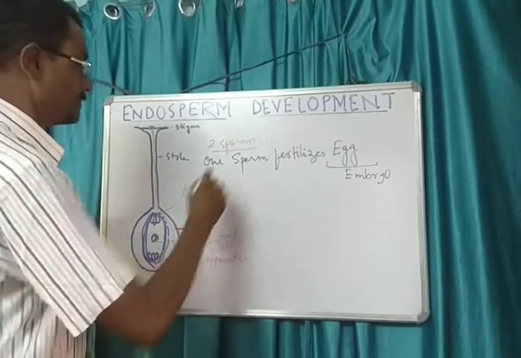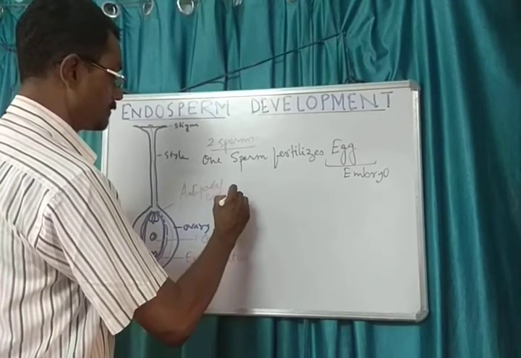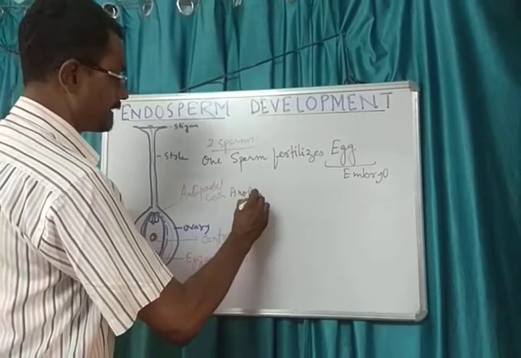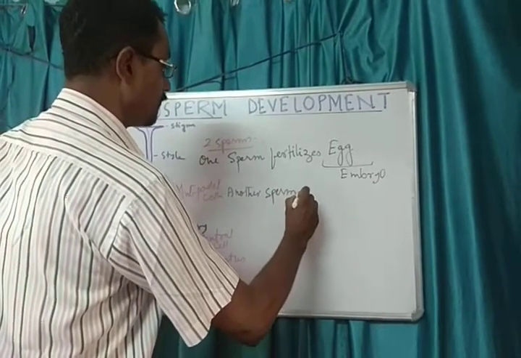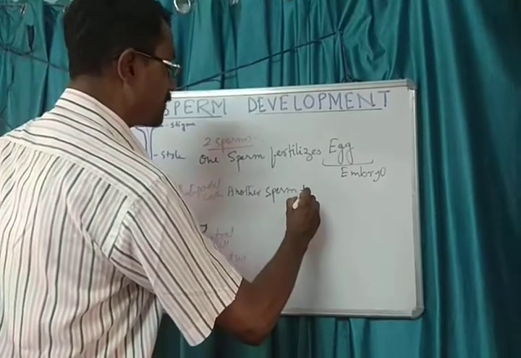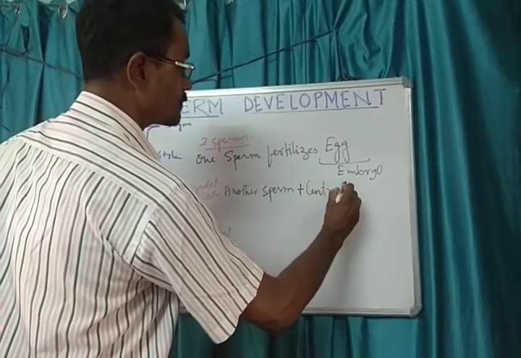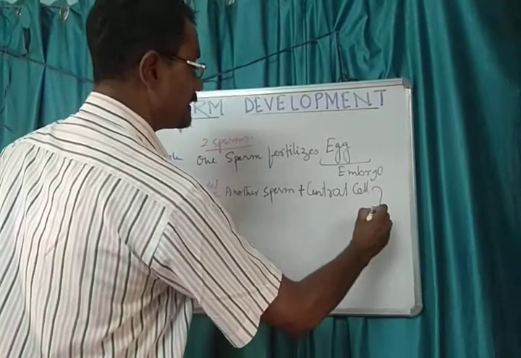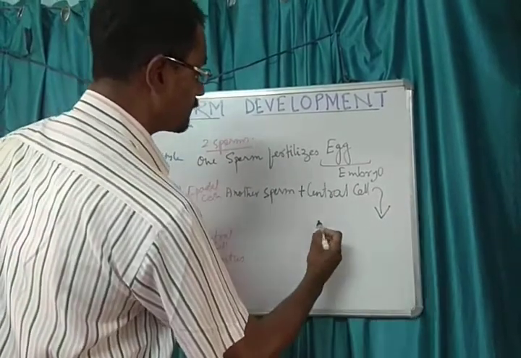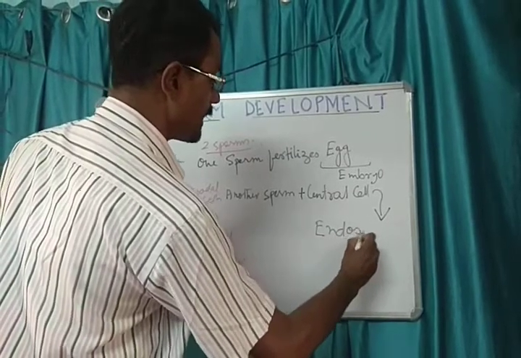Another sperm fertilizes, I'm writing plus, the central cell. It leads to the formation of endosperm.